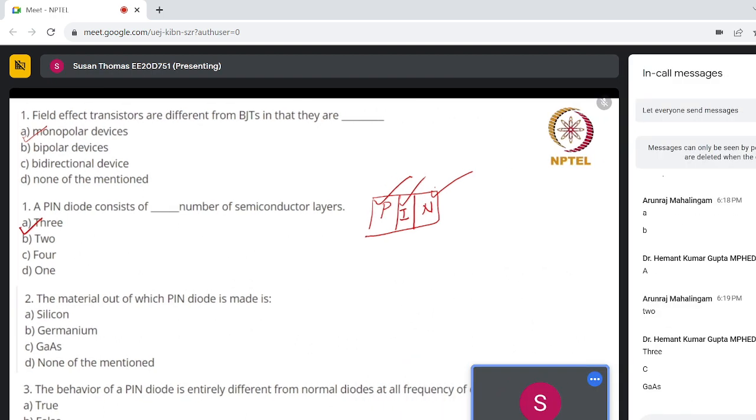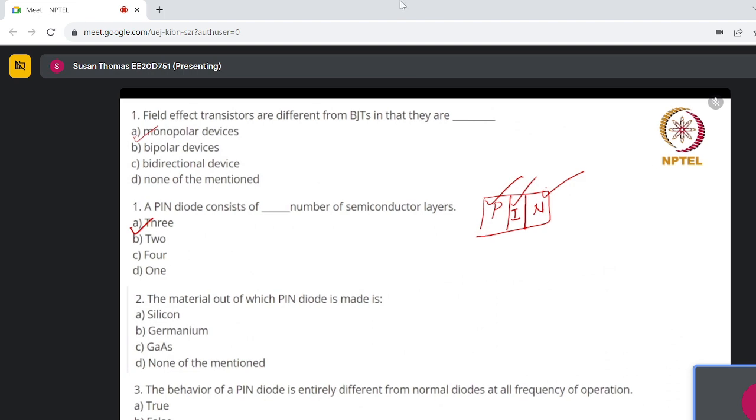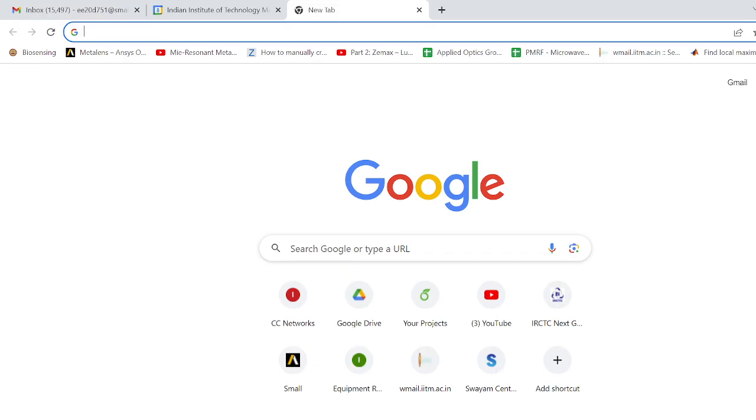Okay, let me check the chat. Material. Yes. So the question is on. I would request everybody to answer this. What is the material of this pin diode?